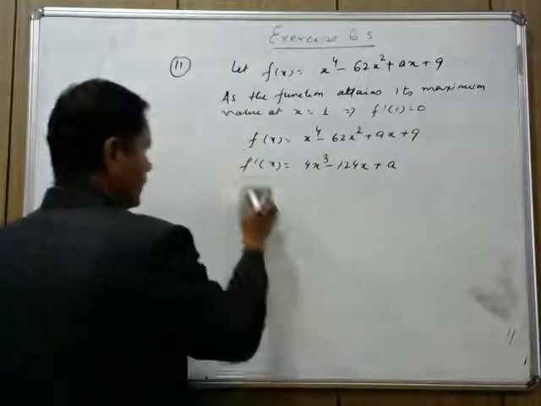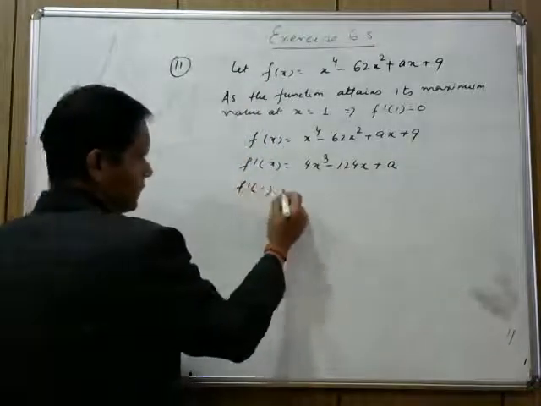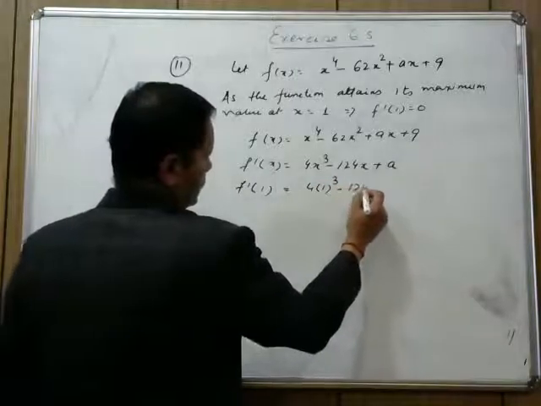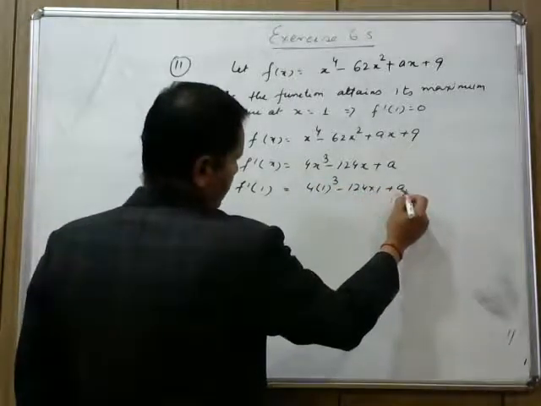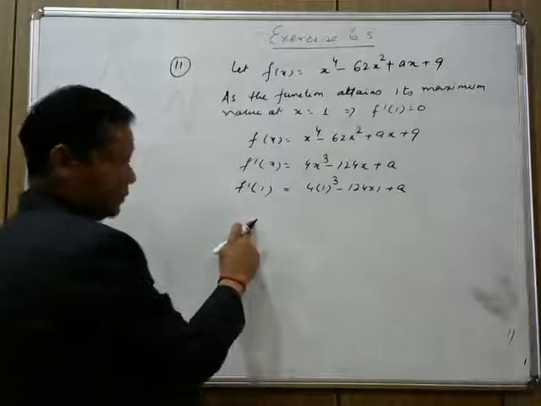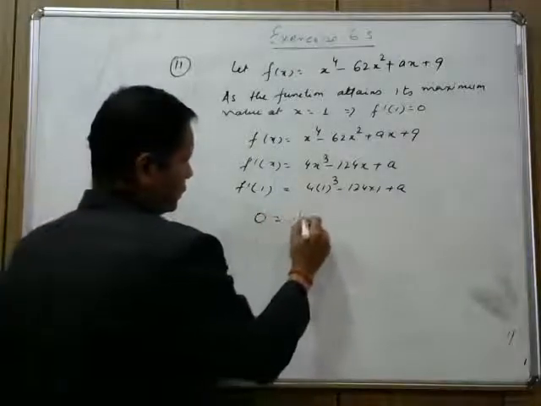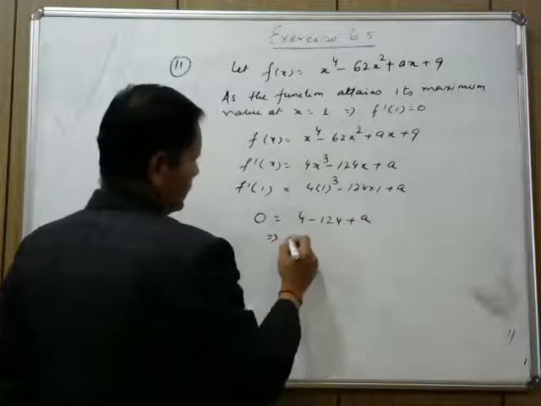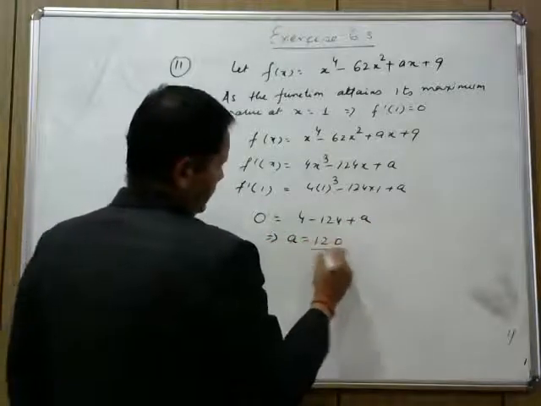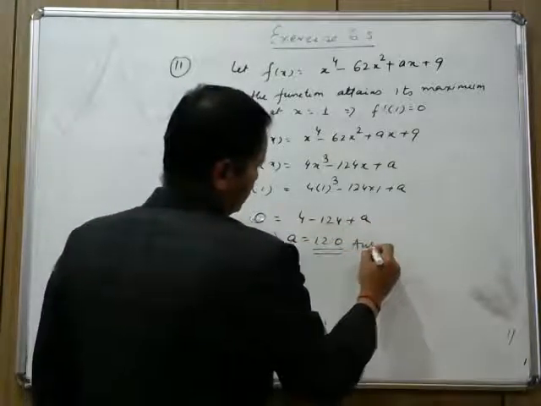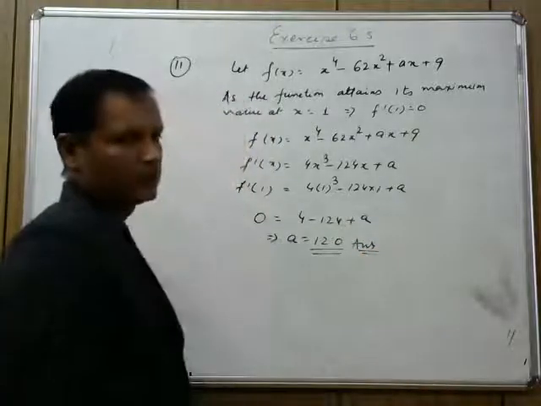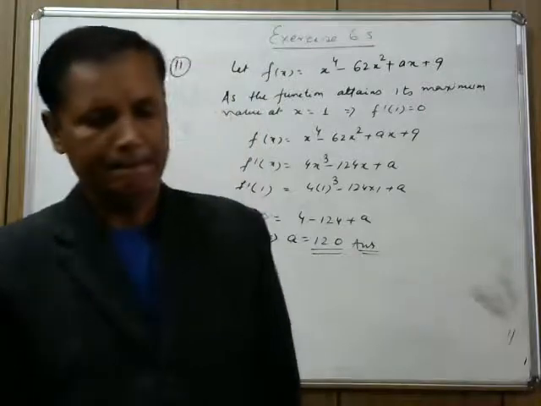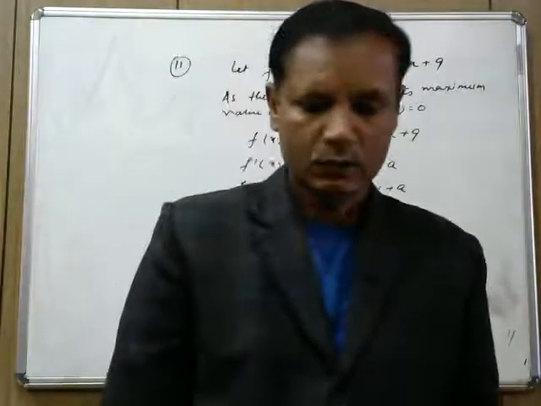Now, f dash of 1 is equal to 4 into 1 cube minus 124 into 1 plus a, and f dash of 1 will be 0. Therefore, 0 is equal to 4 minus 124 plus a. It implies that a is equal to 120. We were just asked to find the value of a. Right? Now question number 12.